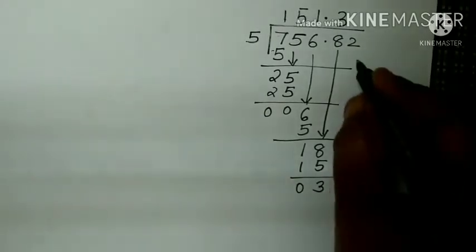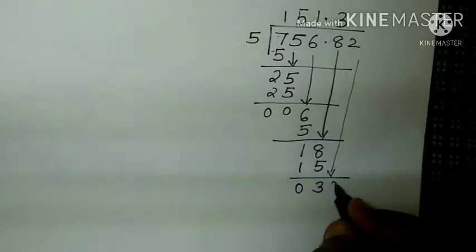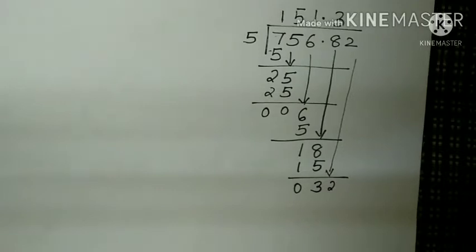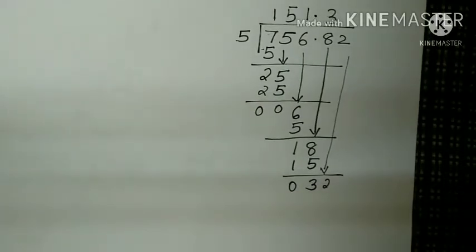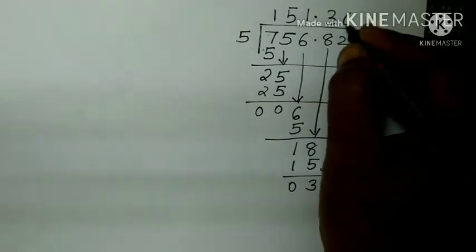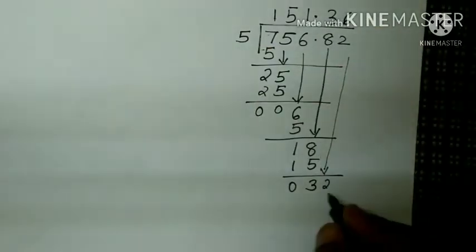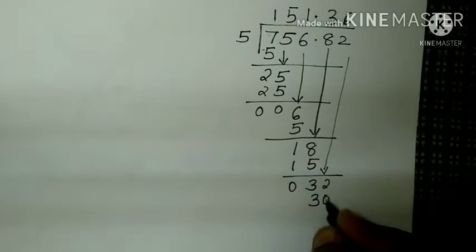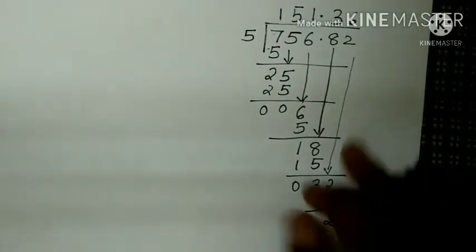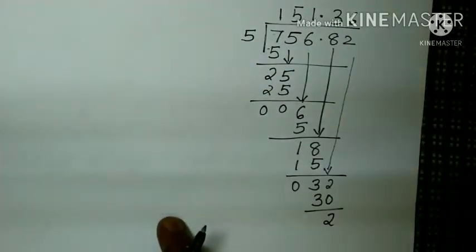And the next place is 2. So total number is 32. How many times 5 is in 32? So how many times? Yes, 6 times. 6 5s are 30. So balance 2. So around how many buses we have to cover?